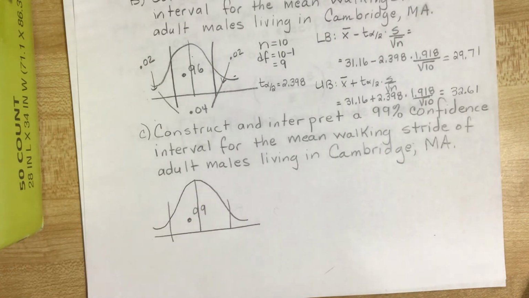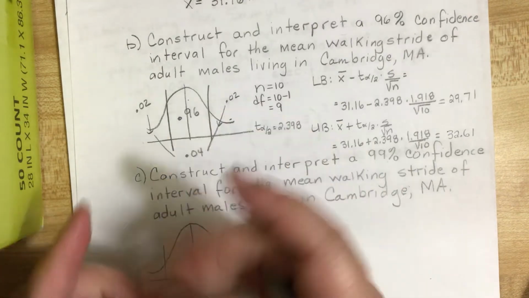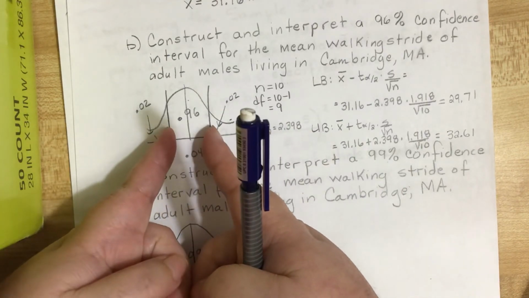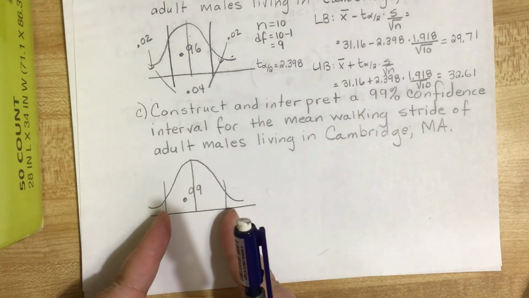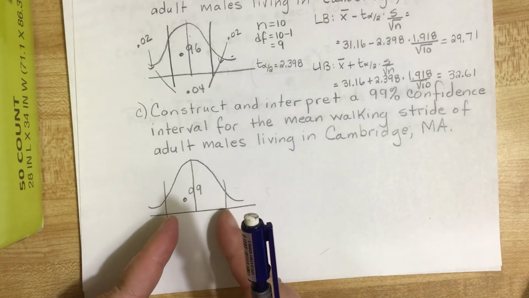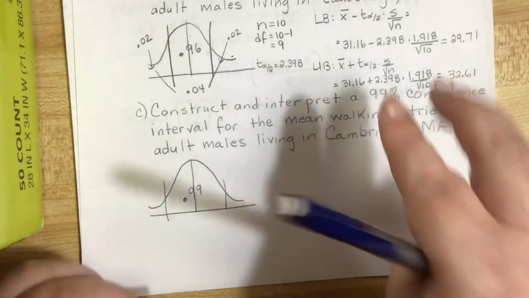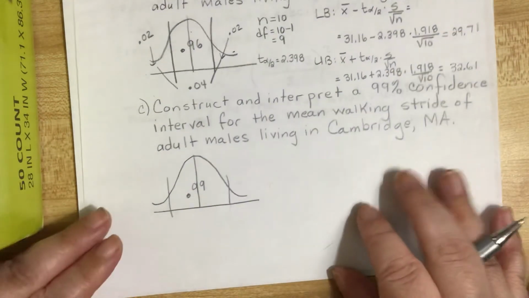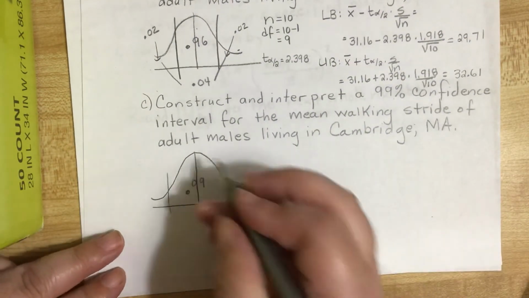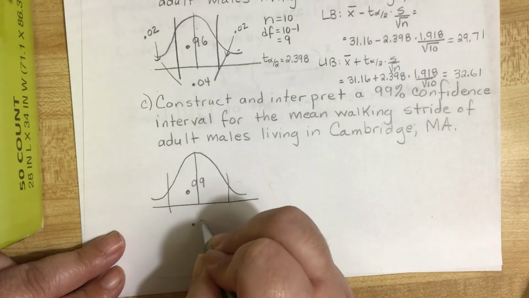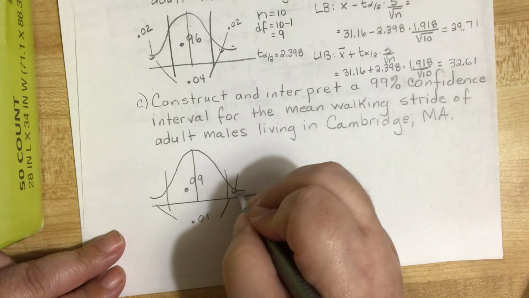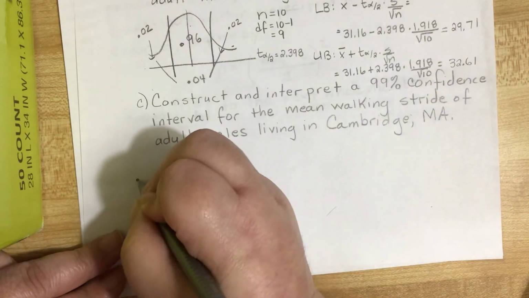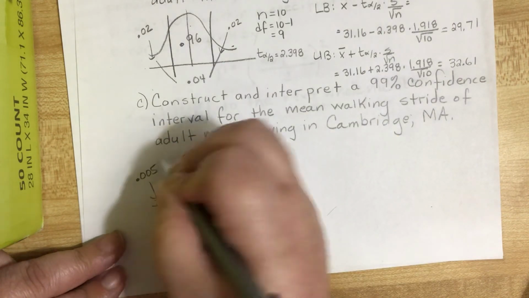Notice, in this problem 96 is here, and 99% is a little bit wider than that. So what does that say is going to happen to the confidence interval? 99% is 0.01 for the error, so each tail split evenly would be 0.005.